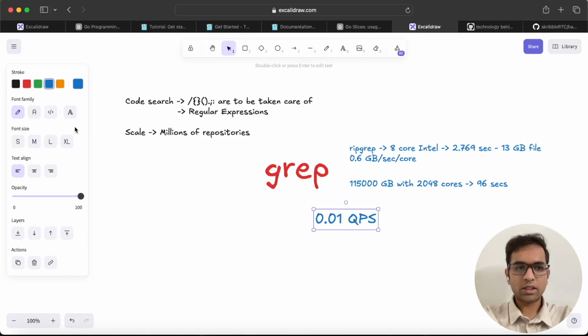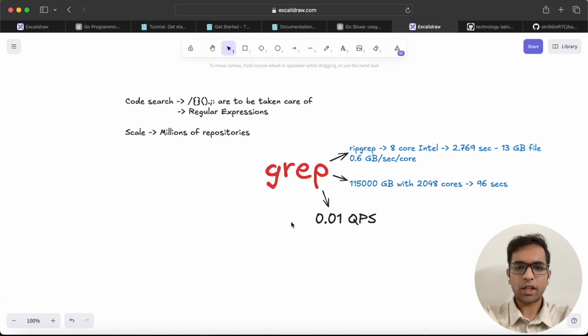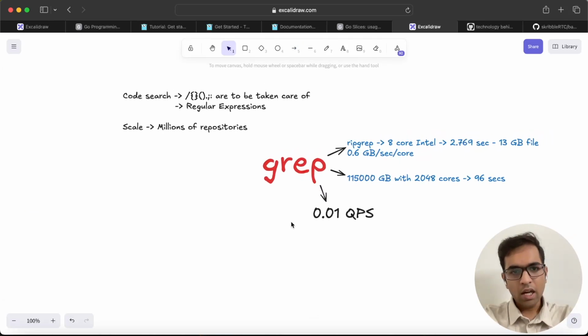And the biggest disadvantage is that while executing all of this, the machine will be occupied and nobody else can be using this machine. So all the other queries that have come up will have to wait, and it will consume a lot of time. It will take up a lot of resources, and so grep is something that cannot be used.